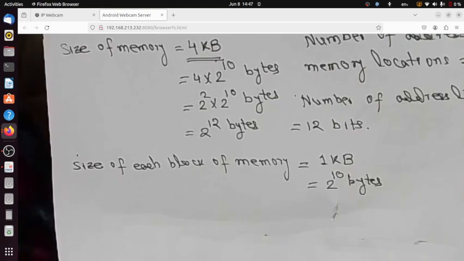So how many address lines are needed to access each memory location of every block?